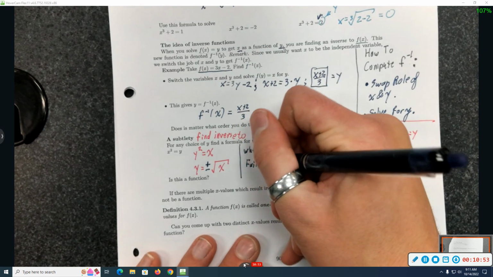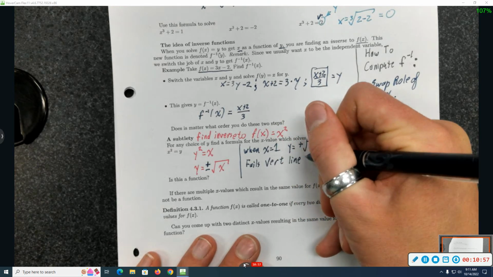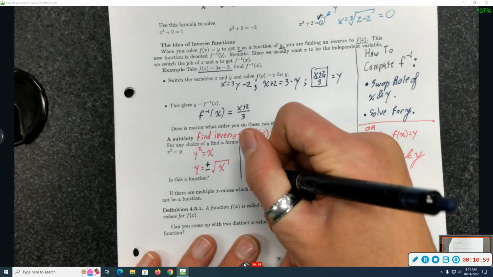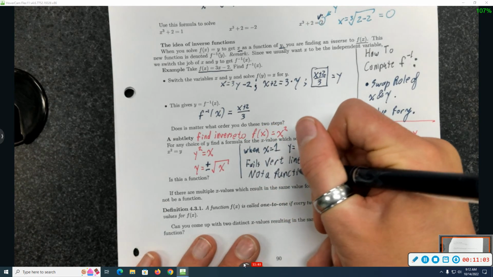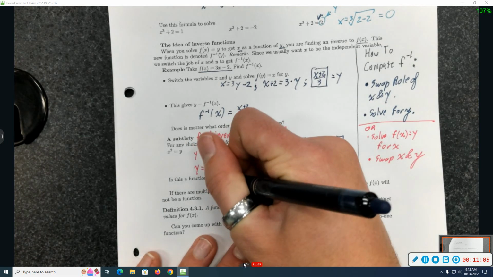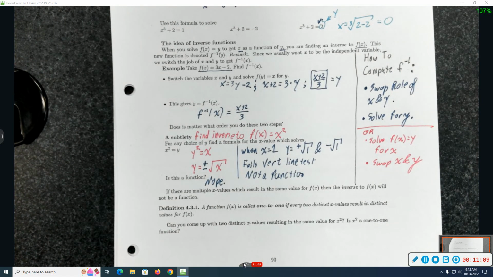This fails the vertical line test. This is not a function. So, that's kind of annoying, right? Sometimes you go and try to find an inverse function only to find out that you've taken the effort of solving the thing, but the thing that you got isn't a function. And sometimes life just isn't perfect like that.